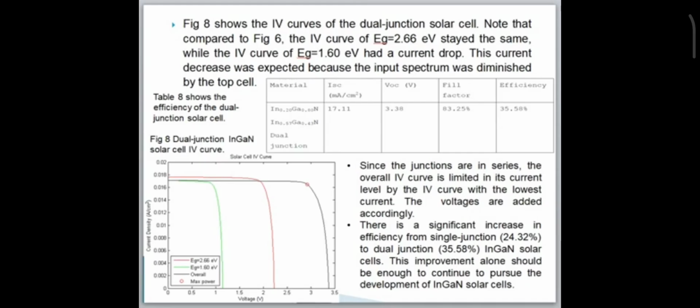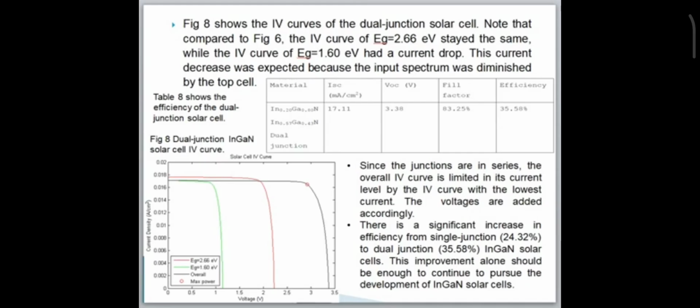Note that compared to Figure 6, the current voltage curve of band gap 2.66 electron volt stayed the same, while the current voltage curve of band gap 1.60 electron volt had a current drop. This current decrease was expected because the input spectrum was diminished by the top cell. Earlier we used these band gaps independently, 2.66 electron volt and 1.60 electron volt.